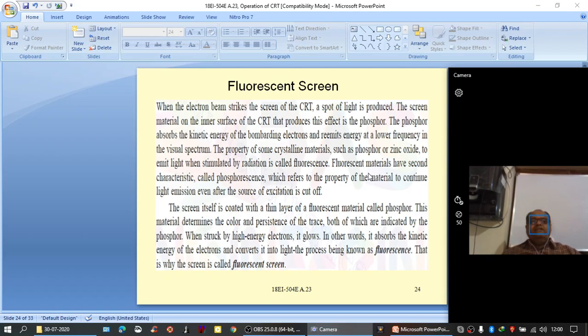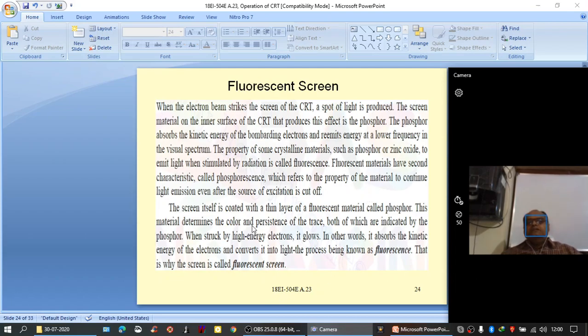Fluorescent materials have a second characteristic called phosphorescence, which refers to the property of the material to continue light emission even after the source of excitation is removed or cut off.